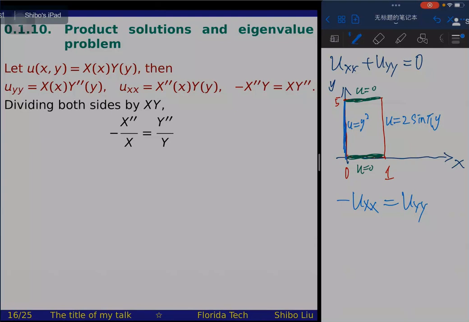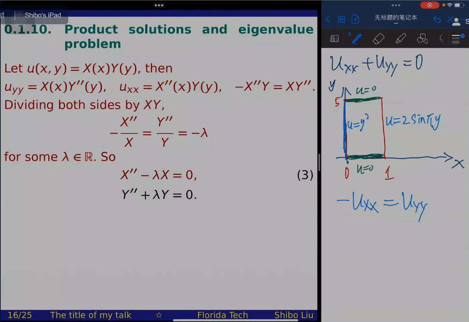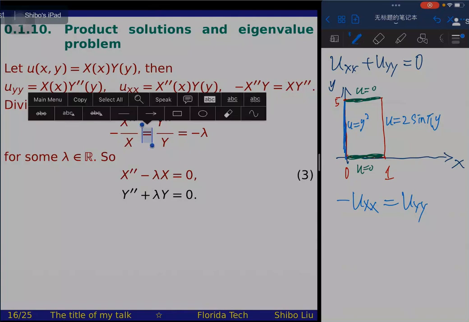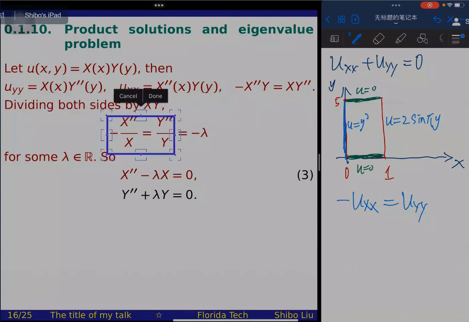So this has to be a constant. That is, for some lambda, this equals minus lambda. Therefore, capital X satisfies this ODE, and this is the ODE for capital Y. Both of these two ODEs follow from this equality, right?